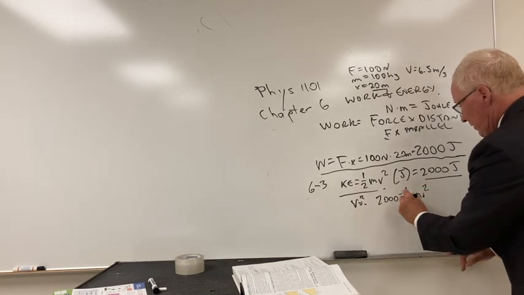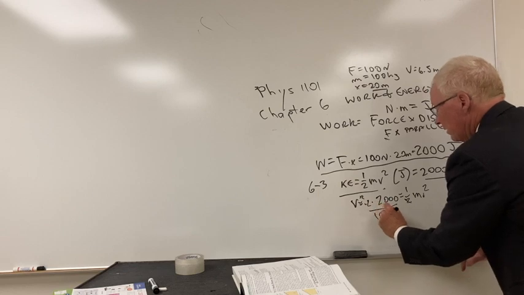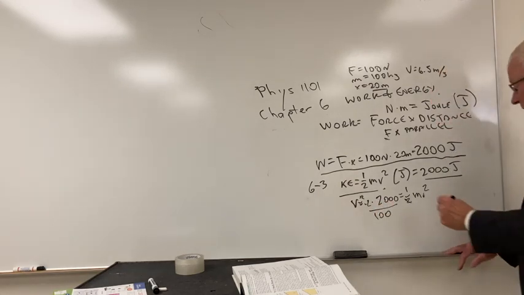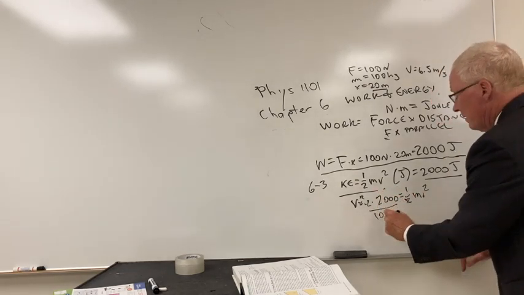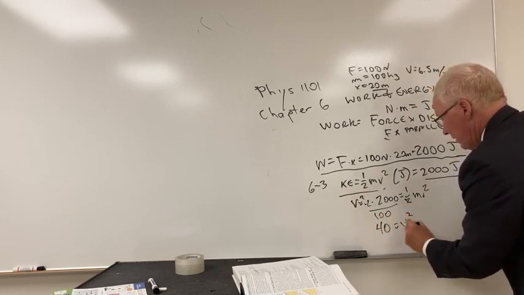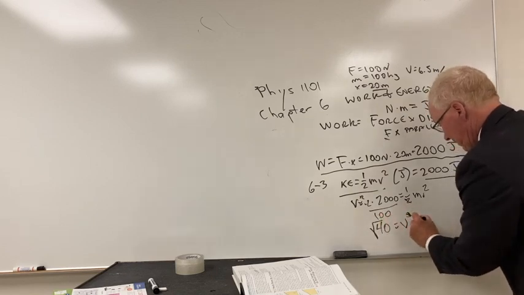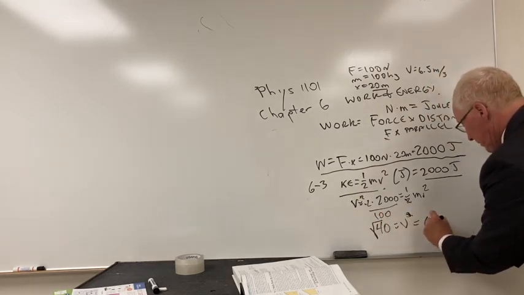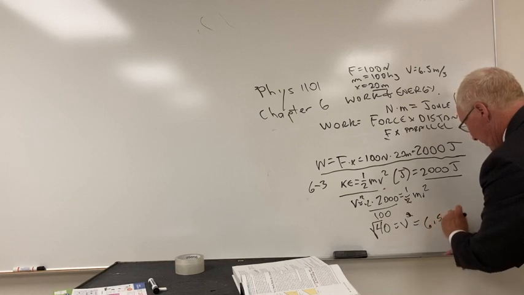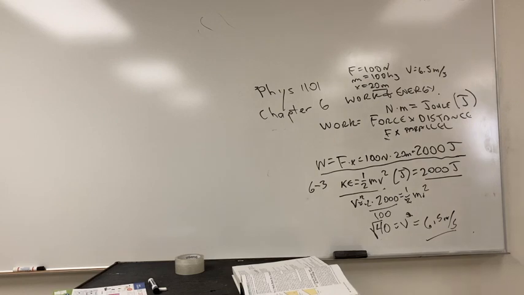So multiply both sides by 2, divide by 100, and we end up with 40 is v squared, and so the square root of that gets us 6.5 meters per second. Lo and behold, it's the same answer as we had the first time.